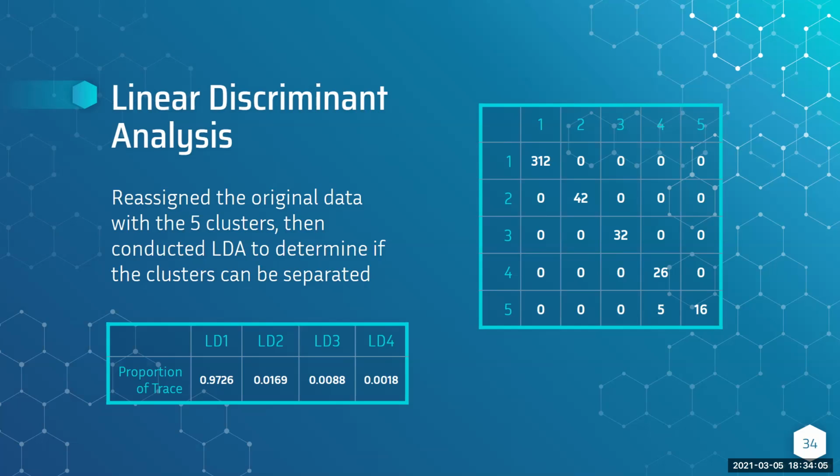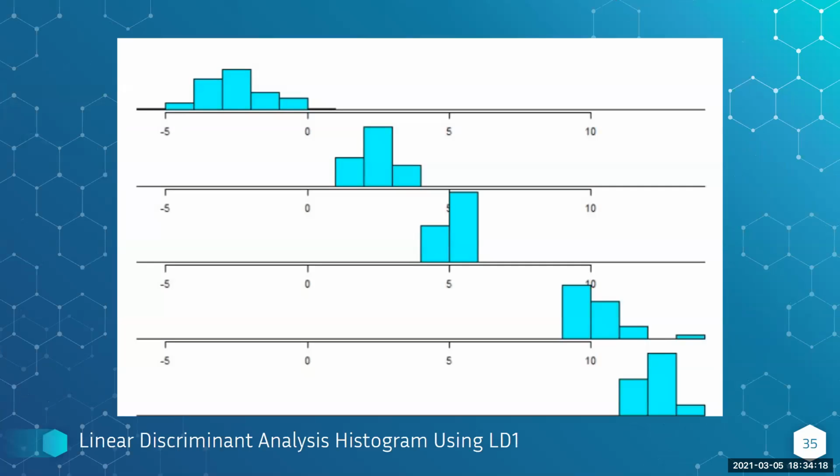So with just one component, it was able to separate out the clusters with very little misclassification, only 5 data points out of what we have. Then looking at a histogram of the first linear discriminant component, we see that it separates out the first 4 clusters really well, and the only issue is between 4 and 5.